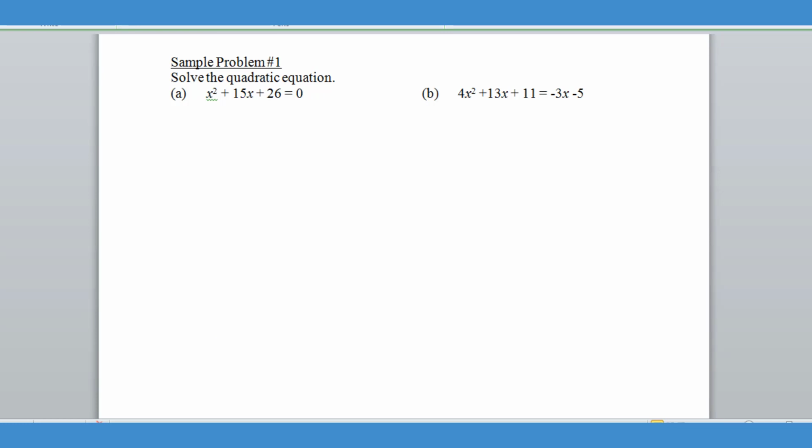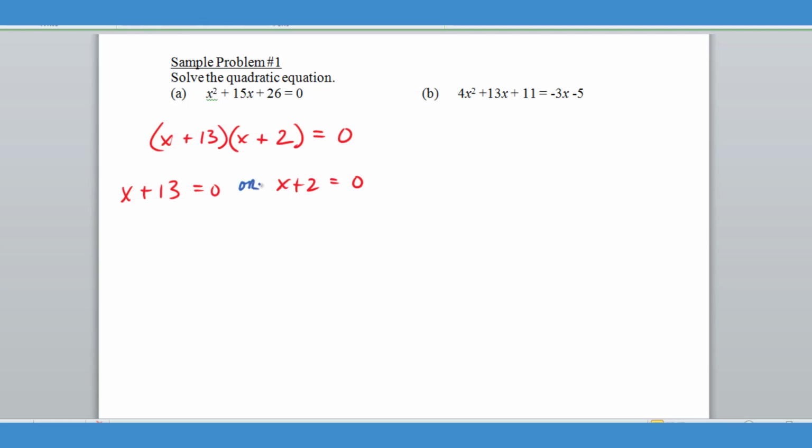For the first one, we can start right off and factor this. We have x, and 26 will break up into 13 and 2. Since we have equal to 0, we need to make sure we carry that equal to 0. The equal sign should stay a part of our entire problem. Now I'm going to break these up using the zero product property.